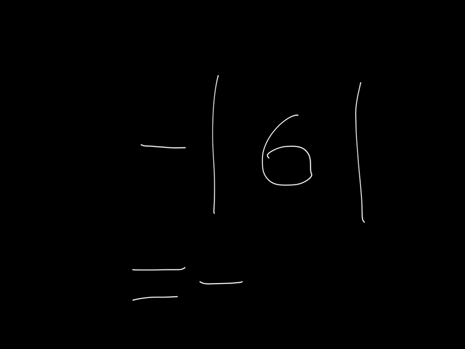Add that sign to the number in the brackets. So if you're saying negative absolute value of 6, you would say negative 6, because 6 is 6 places away from 0. And if you want the negative absolute value of 6, then you would just say negative 6.